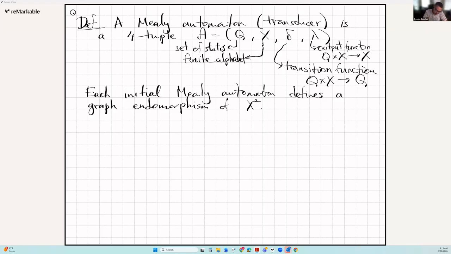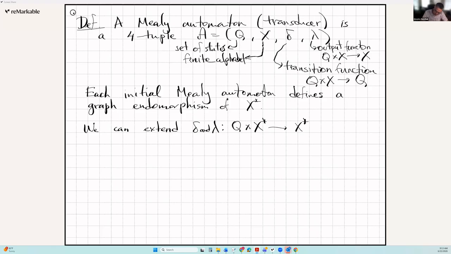So we can extend lambda. Remember, lambda was the output function from Q cross X to X. We can extend lambda to a function, which we also denote by lambda, from Q cross X star to X star. Here you start at a state, then you read some finite word, and then you output a finite word.